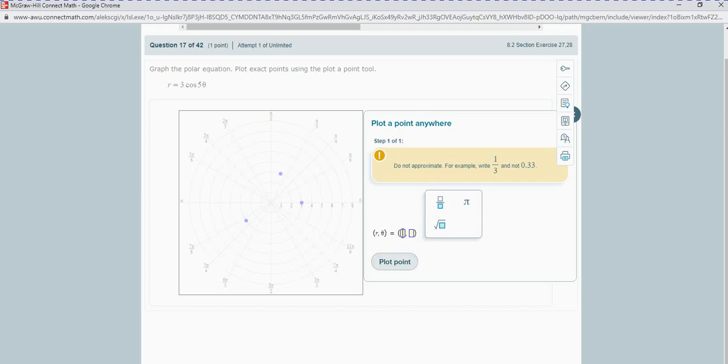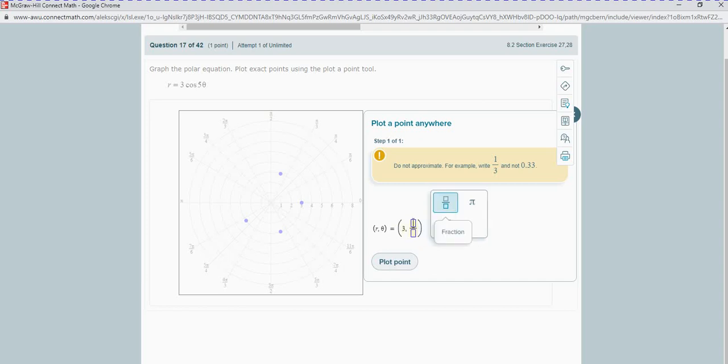Okay, our next one, -3, 3 pi over 5. So -3, and then use the fraction, 3 pi over 5. Plot that one. And then our last petal tip we identified was at +3, 4 pi over 5. So +3, here's our fraction. Oops, let's fix that. +3, and go over to the next box.